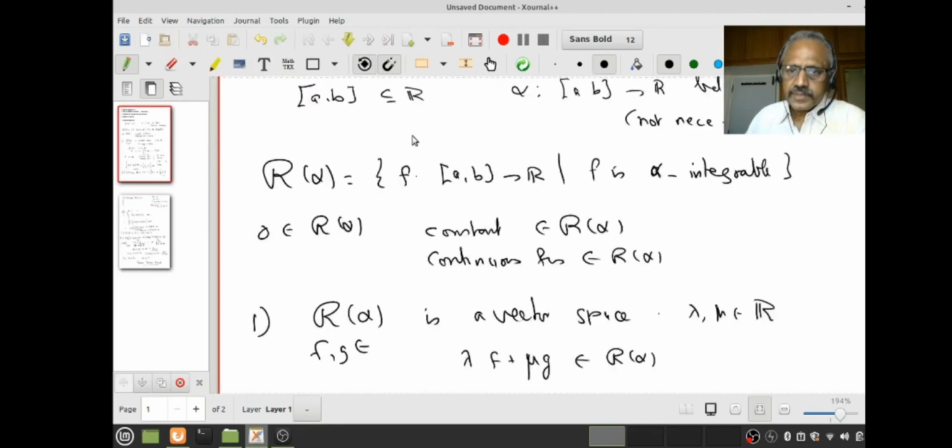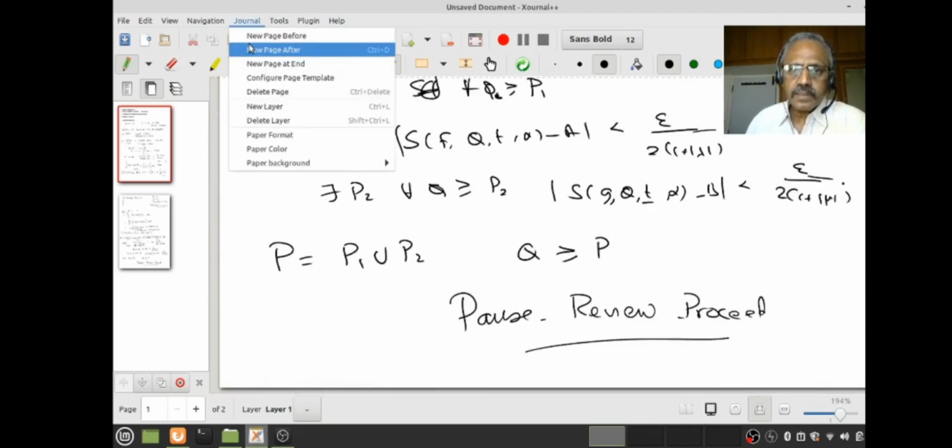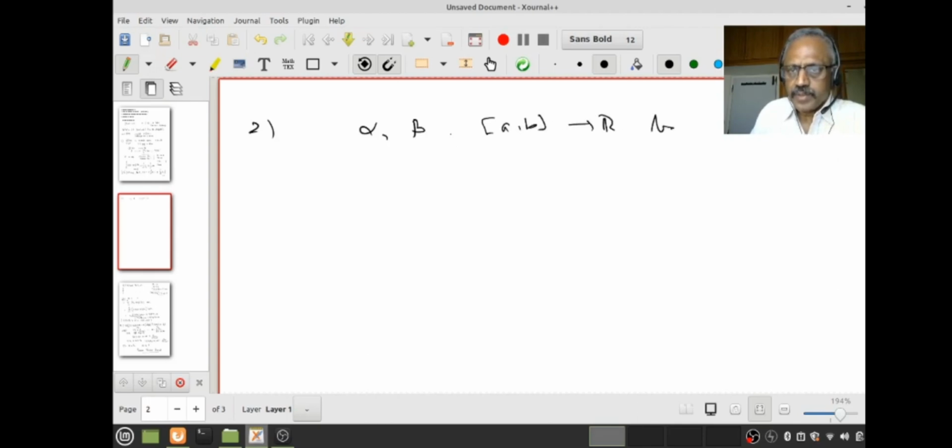something very special, this is not in a general Riemann integral, if you have gone through a course in Riemann integral. Now suppose alpha and beta from a to b to R be bounded functions. Let us consider them as integrators. Now let us put sigma equal to alpha plus beta.